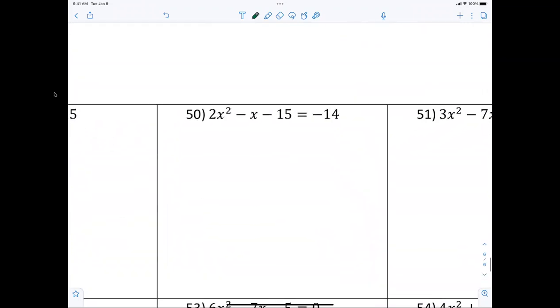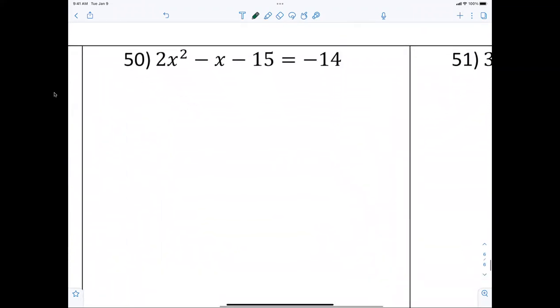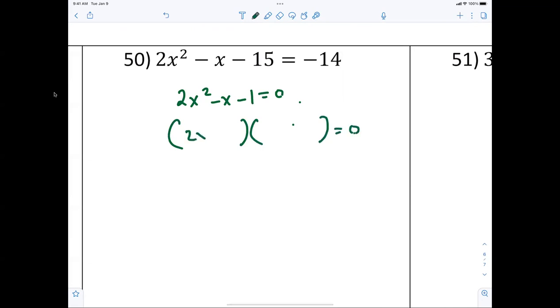Okay, let's look at 50. Everybody jump down to 50. Now remember, you always got to double check and make sure that it's set equal to what? 0. So what do I need to do? Add 14. Yeah, you're gonna add 14. When you add 14, you end up with 2x squared minus x minus 1 equals 0. And then we're doing our factoring. 1 and 1.